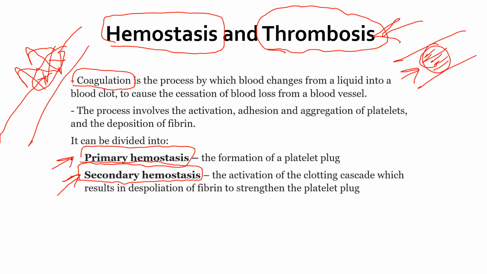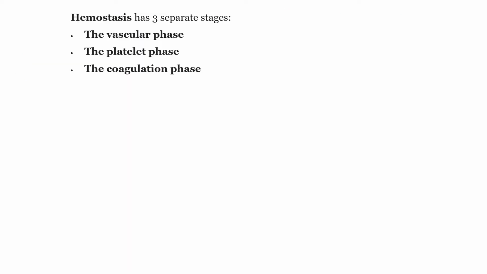Because this is a primary hemostasis. But after 3, 4, 5 days, when the permanent clot is formed, even if you scratch the site of injury, the blood will not go out again. Why? Because you have now what? A secondary, or a permanent clot. So hemostasis has 3 separate stages, okay?